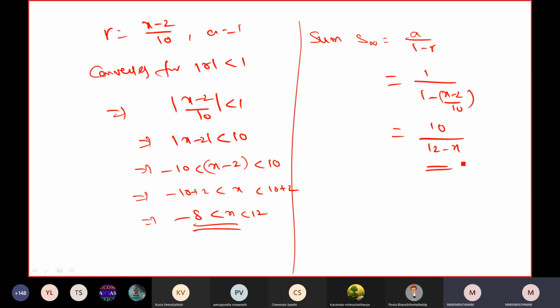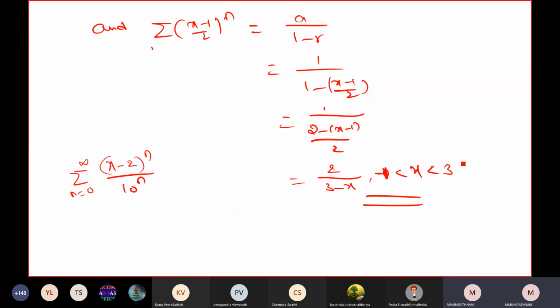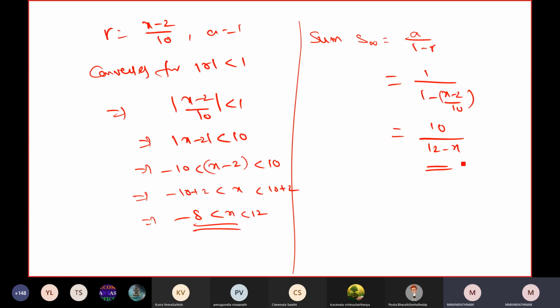So the thing is, in a geometric series it is very easy for us to find where it will converge, where it will diverge, and what the sum is.